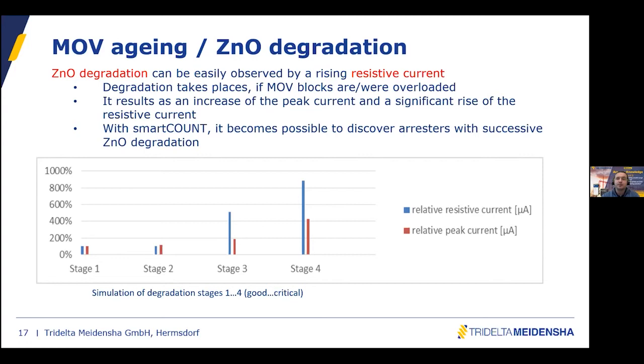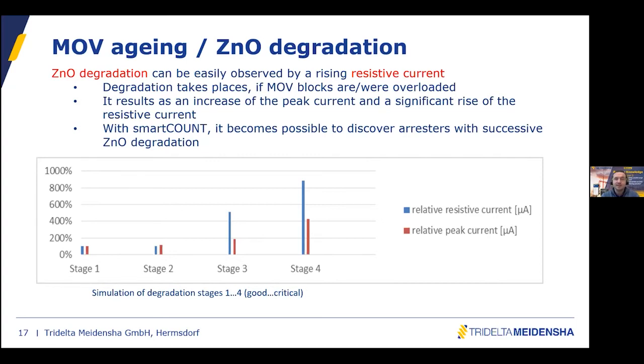But as you know, the active part of the surge arrester is the MOV stacking, and the MOV stacking consists of several blocks. In some cases, especially for high voltage and extra high voltage, you have a high quantity of blocks. If one block fails, the surge arrester can still function, can work, but you will see a change in the resistive current.